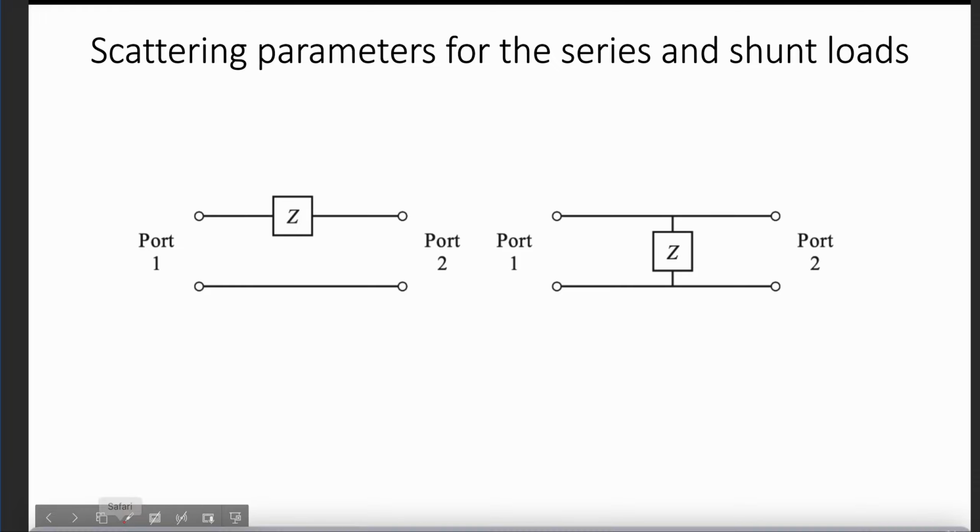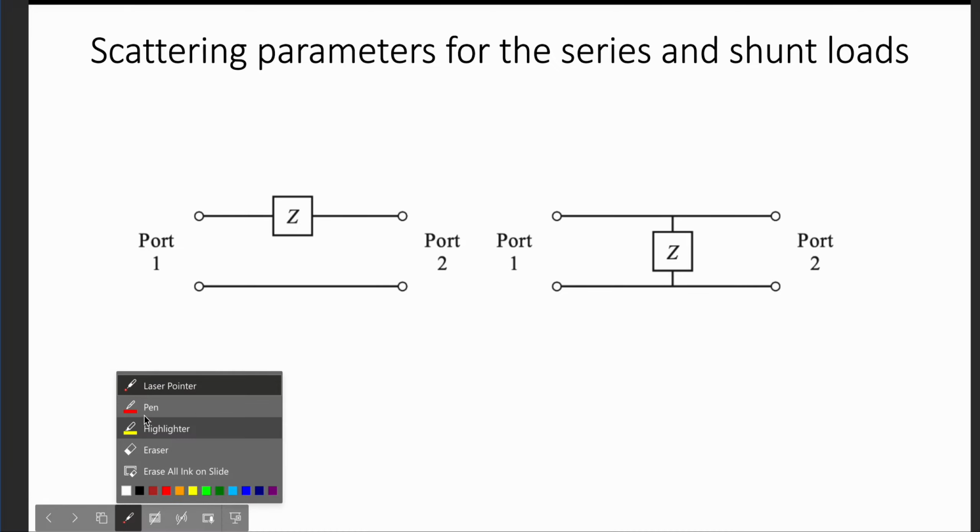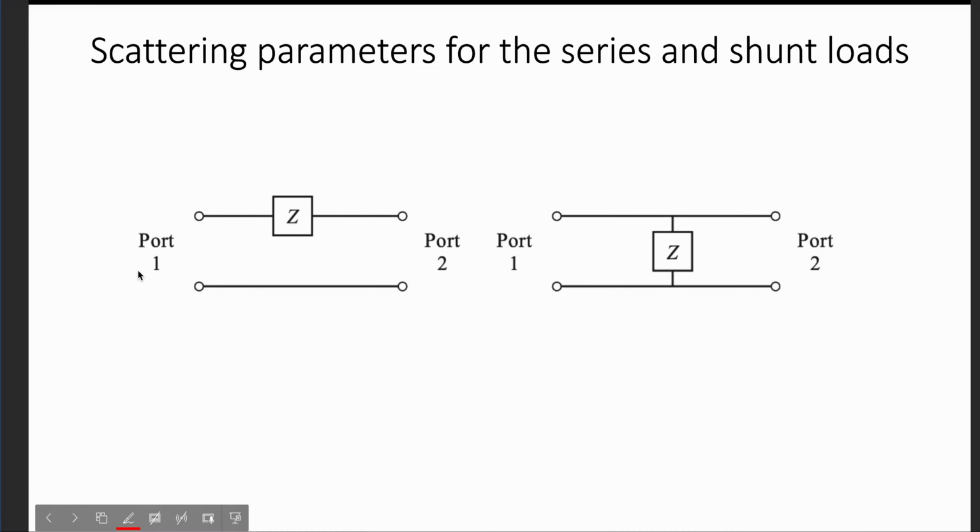So you can consider this network like this: you have a Z0 impedance transmission line, this is your port 1, then you have Z here, and then again Z0.